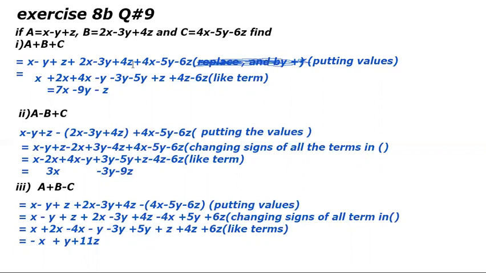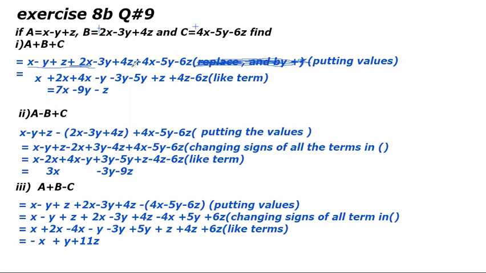One thing more you have noticed here: you can see this 2x. There is no sign with 2x. When there is no sign, it means that it has a positive sign. And when we write in horizontal form, we will write positive 2x. This thing you have to note. And this 4x has no sign, so it has a positive sign.